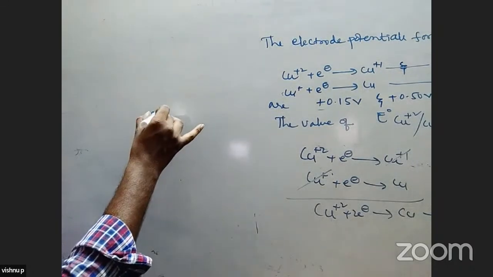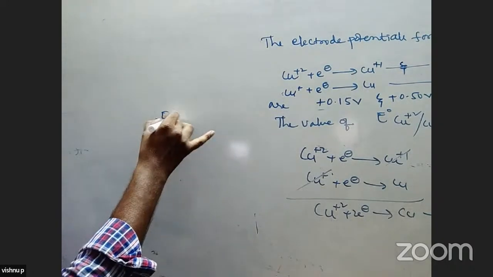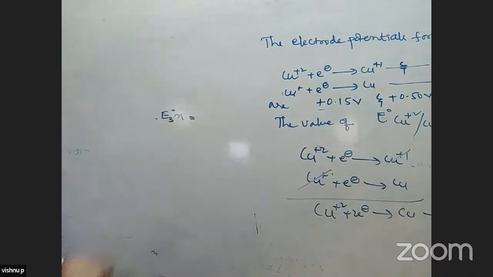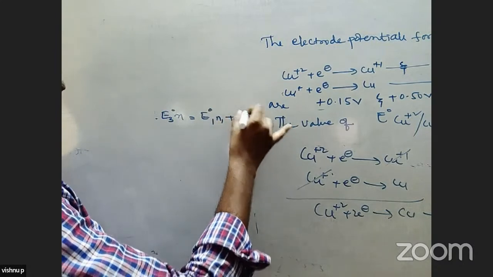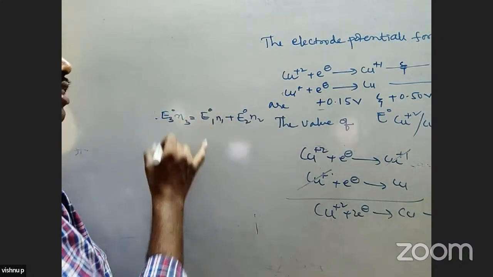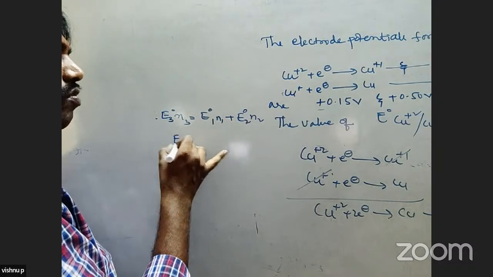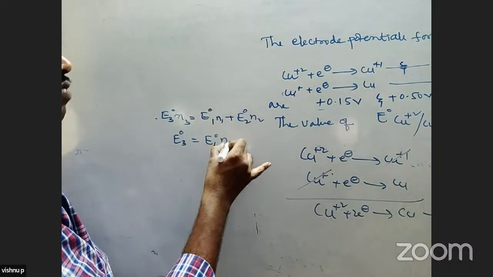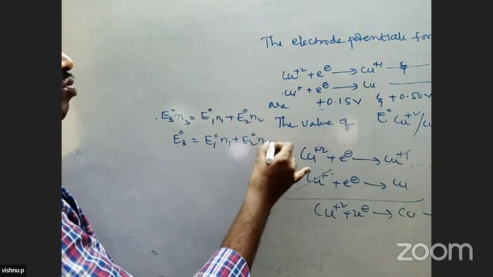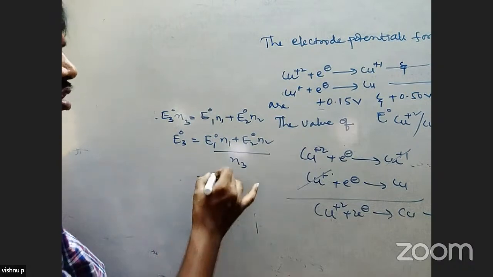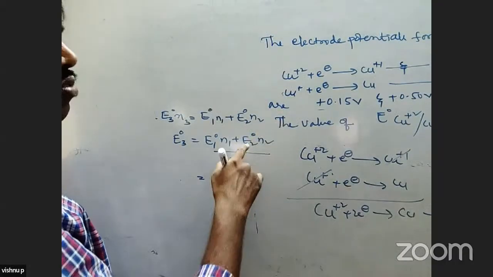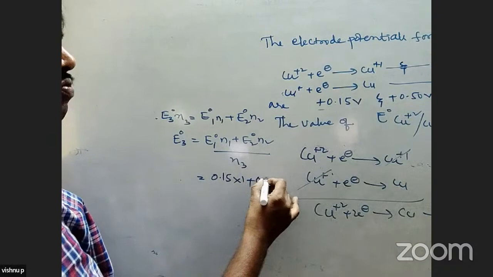What is the n E3 value? n3 E3 naught is equal to E1 naught n1 plus E2 naught n2, and this is n3, so E3 is equal to E1 naught n1 plus E2 naught n2 by n3. What is the E1 naught value? 0.15 into how many electrons are transferred in this case? 1 plus E2 is equal to 0.50.